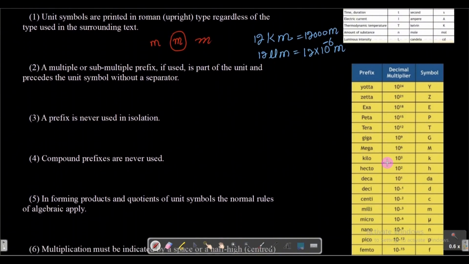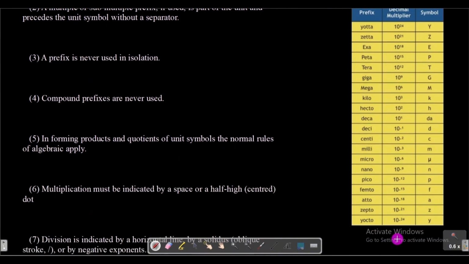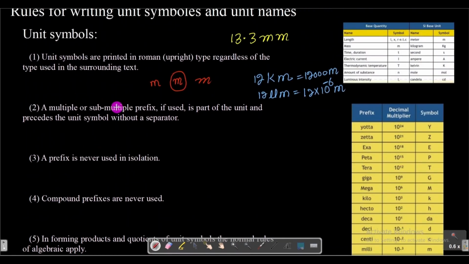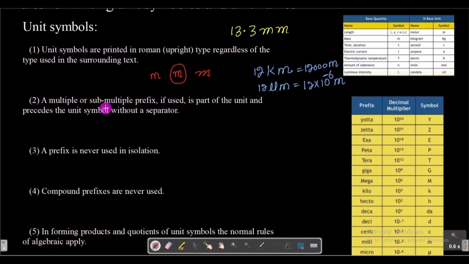Similarly, the submultiple prefixes are these with the negative powers. So here a multiple or submultiple prefix, if used, is part of the unit. So this mega, a multiple prefix, is part of the unit.